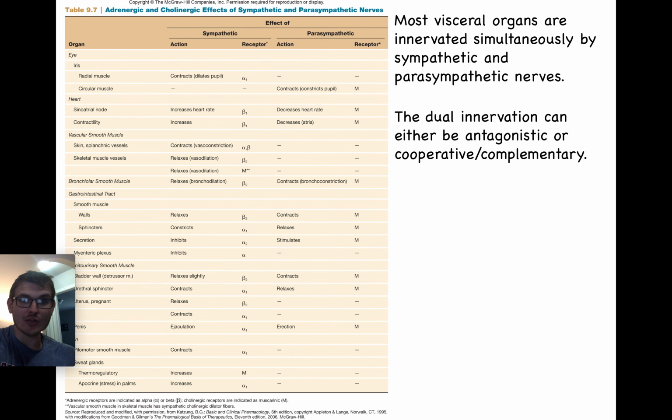You'll see here the eye is dual innervated. We get alpha adrenergic receptors for the sympathetic response, and we get muscarinic for the parasympathetic. If you look down this list, going from heart to eye to vascular smooth muscle, respiration, kidney function, reproductive, anywhere you see both a sympathetic and parasympathetic listing, that means that organ must be dual innervated.